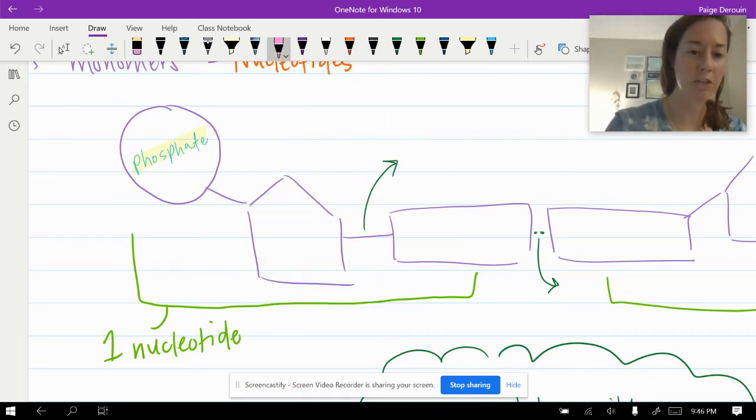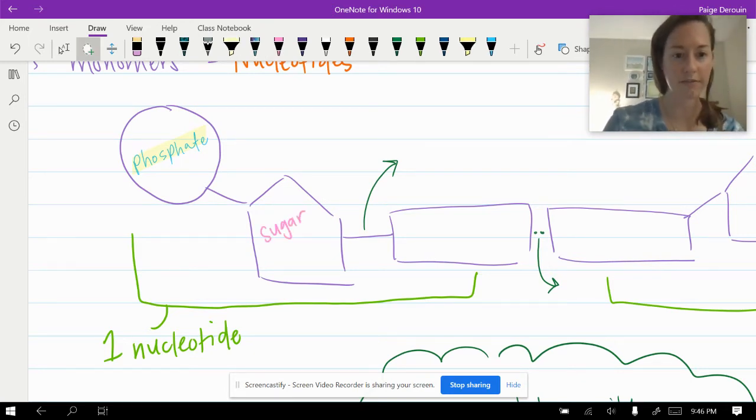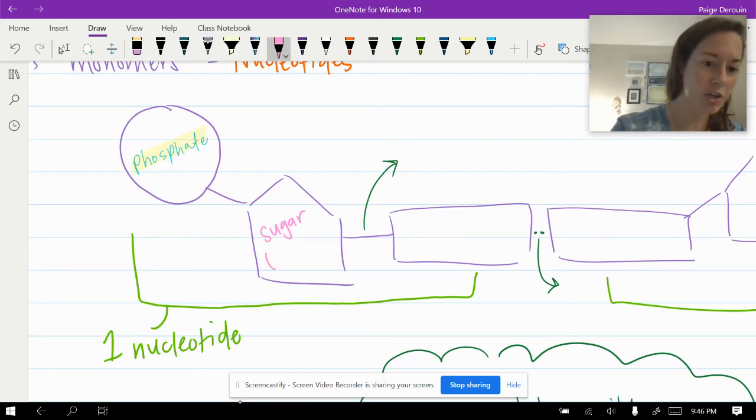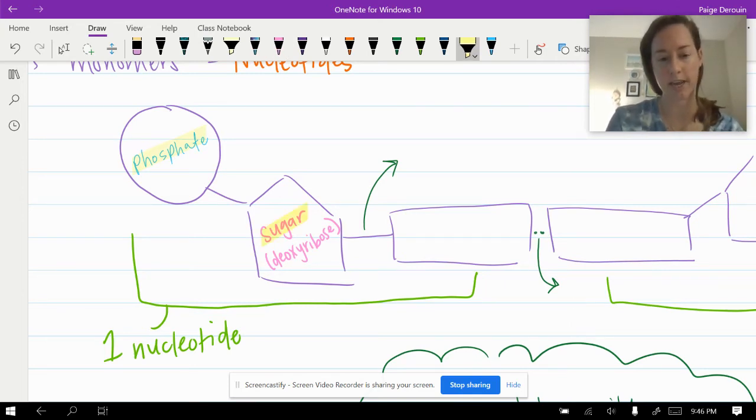It's a 5-carbon sugar, and that's why it's a pentagon, because pentagons have 5 sides. The name of the sugar is deoxyribose. And you know it's a sugar because it ends with ose. And that is a major reason that DNA is named what it's named.